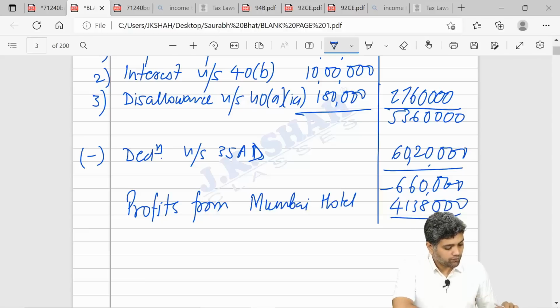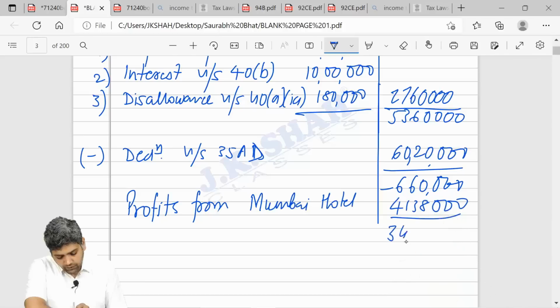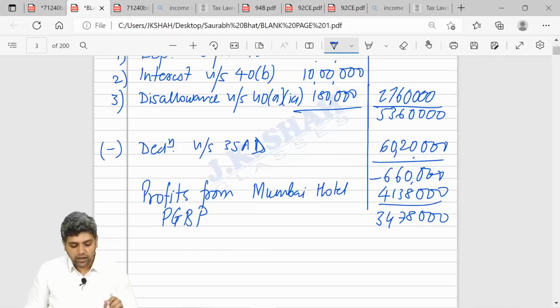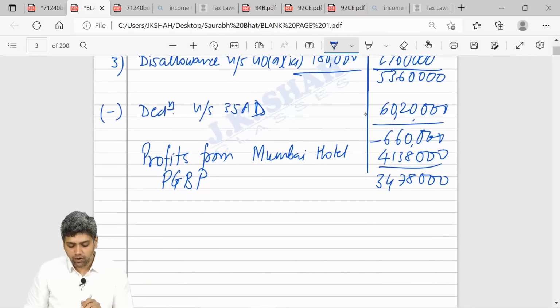So, my net profit from business or profession comes to 34,78,000. Just in order to idiot proof my argument, let me reiterate that this 6,60,000 I am setting off against the profit of Mumbai hotel, because Mumbai hotel is also a specified business.